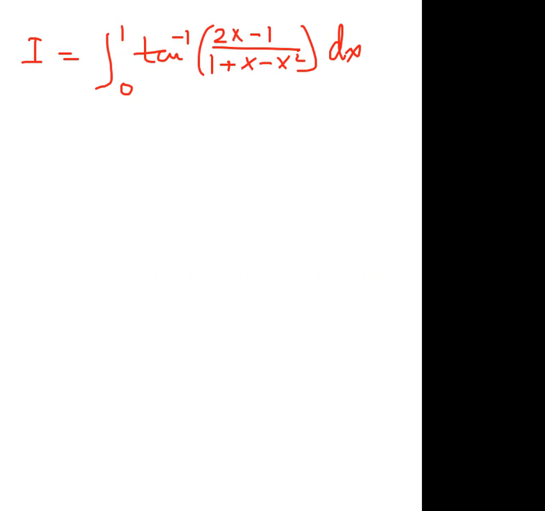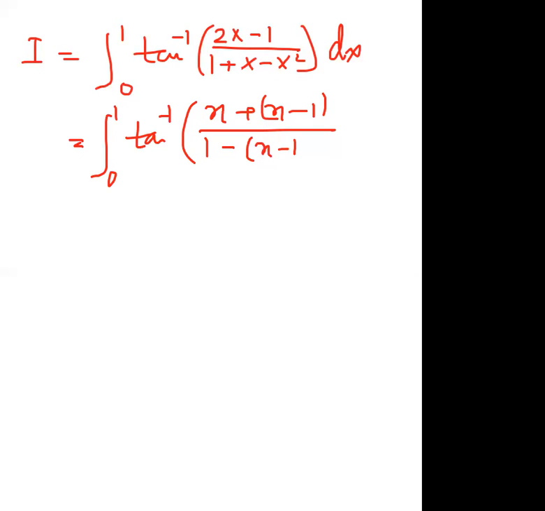So what best I could do with this, I'm writing it as 0 to 1 tan inverse x plus x minus 1 upon 1 plus, and numerator is plus, so denominator must be with the negative symbol, minus x minus 1 into x dx.